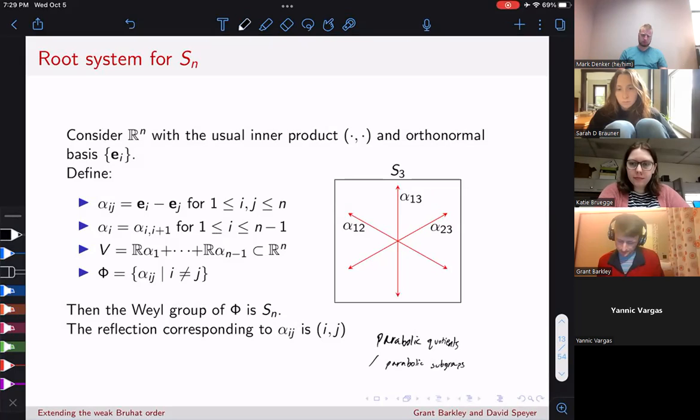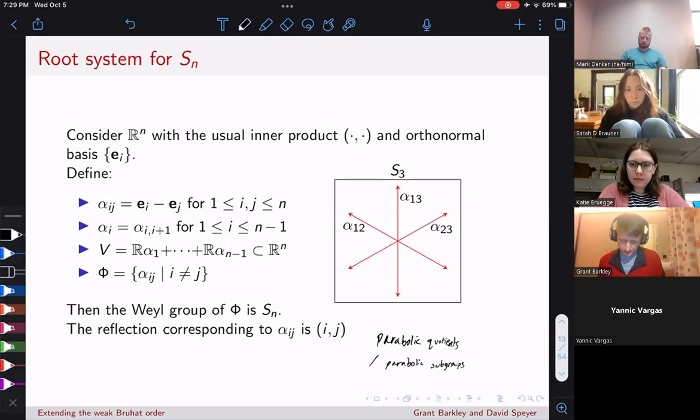Actually, maybe more naturally, the correspondence is with parabolic cosets. So there's a bijection between something called parabolic cosets and faces.